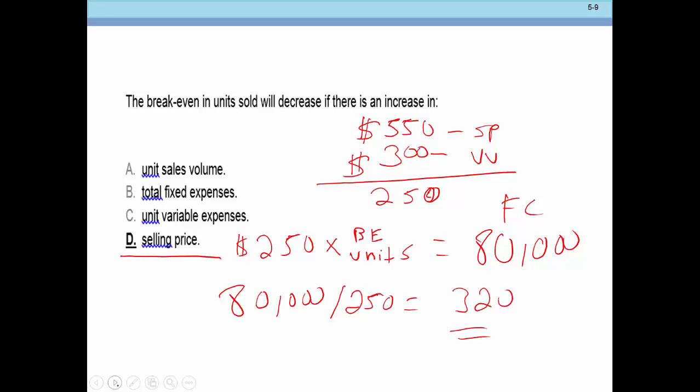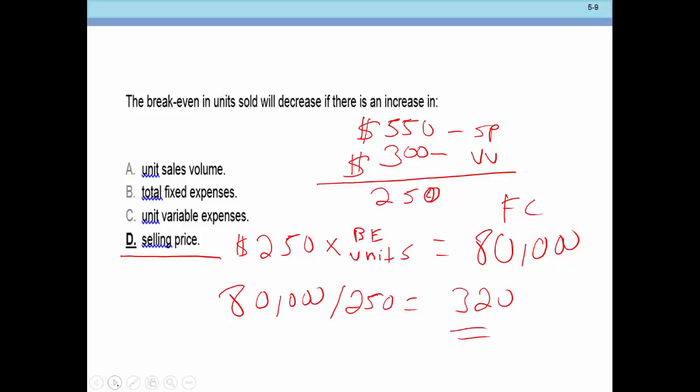I set the problem up the same way every time. I take my contribution margin per unit times my break-even units, set that equal to my fixed cost, and the problem we were just looking at was 80,000, wasn't it? And when I do the algebra, they tell me that my break-even units is 320. Did the break-even in units come down?